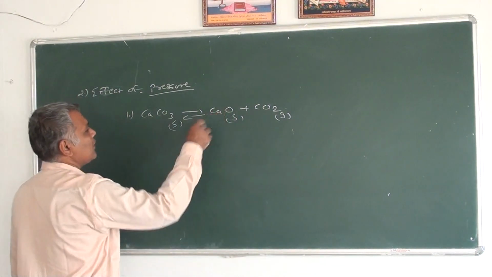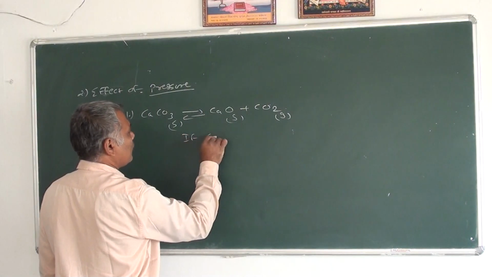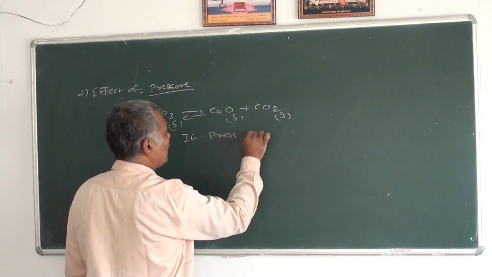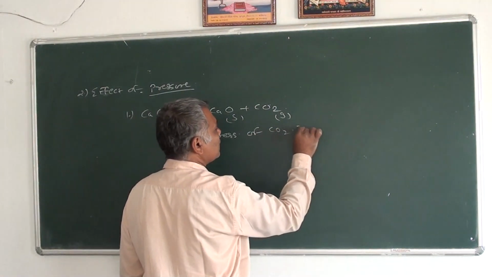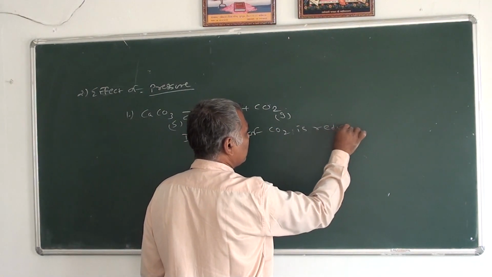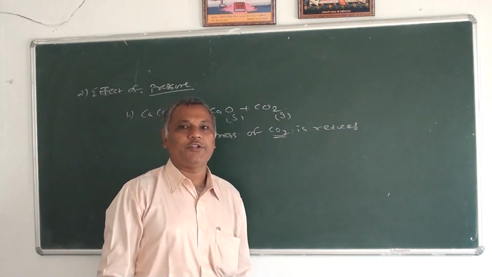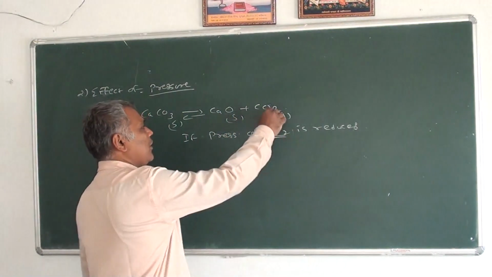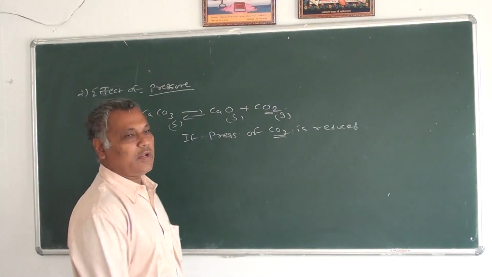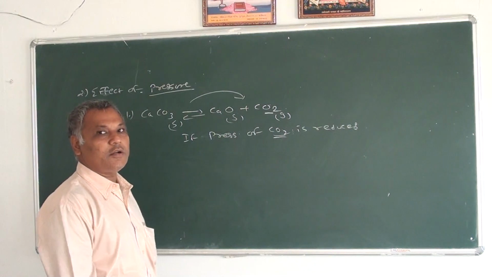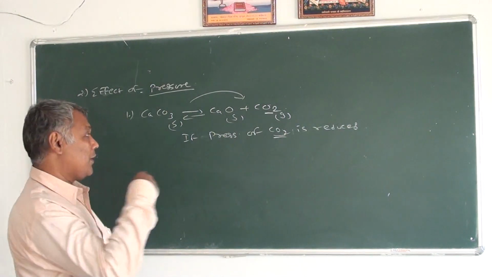Right? So in this case, if the pressure of CO2 is reduced, see, specifically we wrote CO2 is reduced. So with the reduction in CO2, it will try to increase, so the reaction will proceed in the forward direction, right?